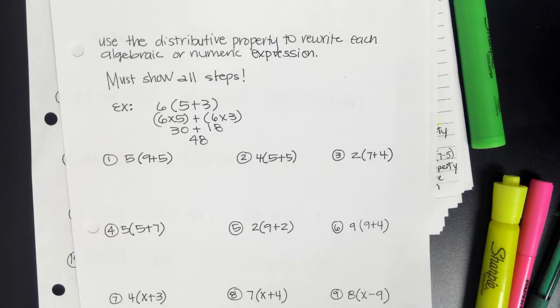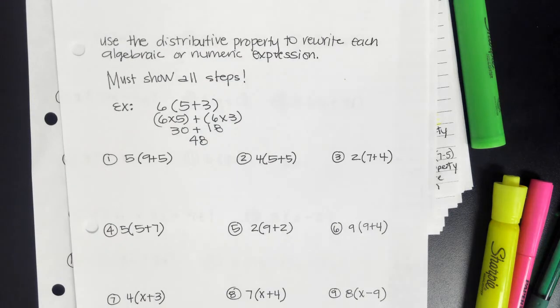Since this is what most people have, I'm going to go over a few of these. All of first period has this worksheet. All of second period. All of third. Most of fifth. I know it's weird. And then seventh. Y'all are seventh. So I'll show you exactly what you have to do.